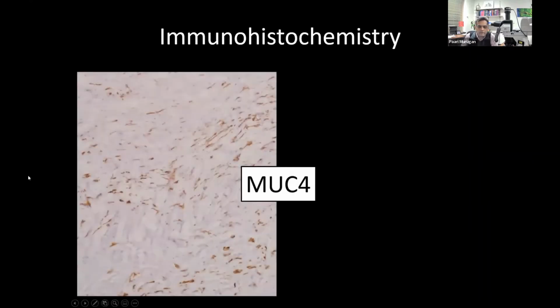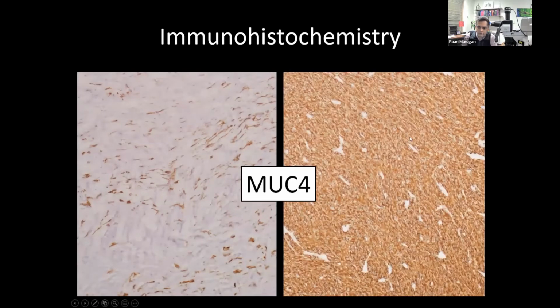We can see that even in the low cellularity areas, MUC4 is diffusely positive in a cytoplasmic pattern. In the higher cellularity areas, it is much better to appreciate because you can see wall-to-wall diffuse positivity for MUC4. So with this morphological appearance, this clinical presentation and the MUC4 staining, there can be only one diagnosis for this patient, and that is a low-grade fibromyxoid sarcoma.